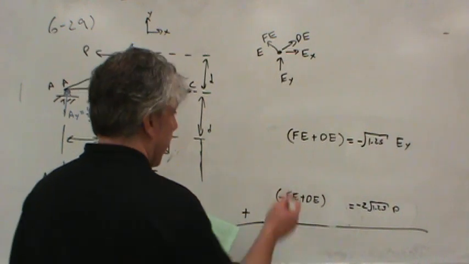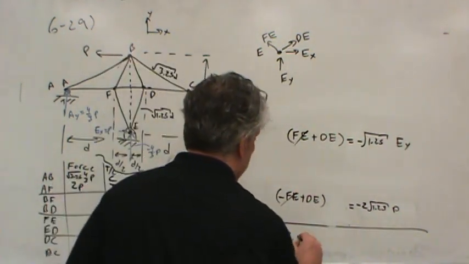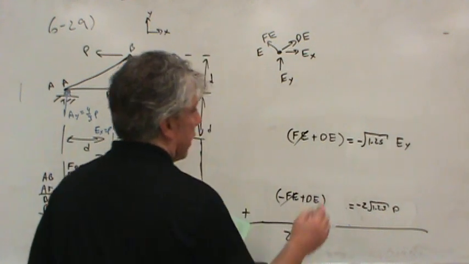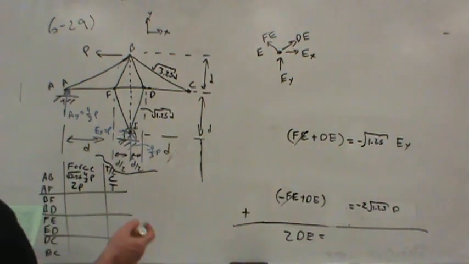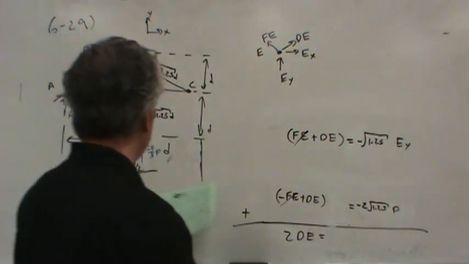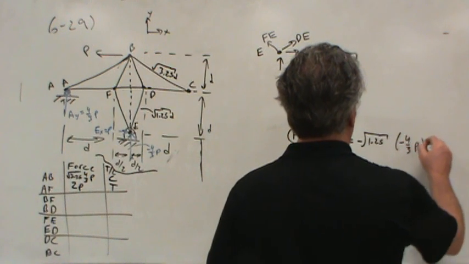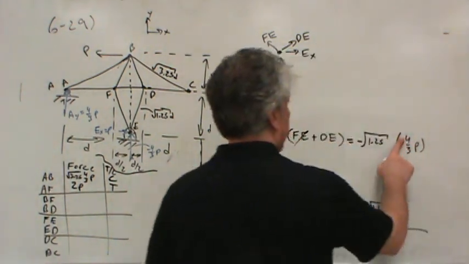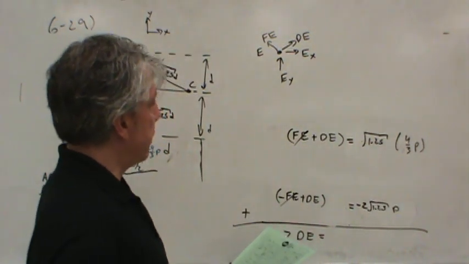Okay, so now if we add, the FE's cancel, and we'll have 2DE on the left-hand side. And on the right-hand side, oh, you know I never plugged in the EY. What is EY? EY is negative 4/3 P. So the two negative signs cancel. Now let's try one more time to add them.